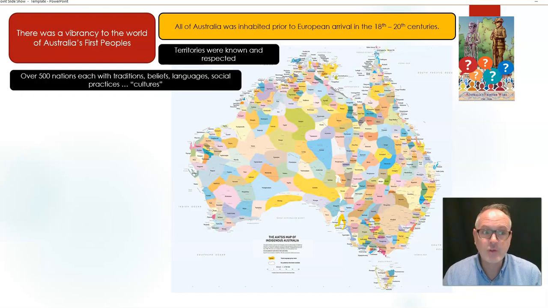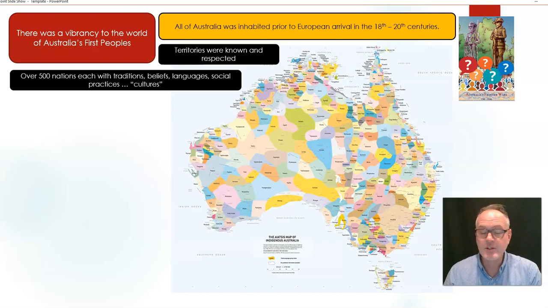Each of the 500 nations thereabouts across Australia had their own traditions, beliefs, languages, social practices, what could be referred to as laws, or the law, L-A-W or L-O-R-E, gets switched around in these communities, in the way we talk about it. But traditions, languages, social practices, cultures varied across all of them.